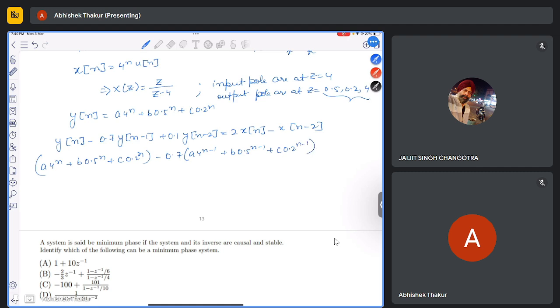Again plus 0.1 into y of n minus 2, that is a into 4 to the power of n minus 2 plus b 0.5 to the power of n minus 2 plus c 0.2 to the power of n minus 2. So this is our left hand side, and the right hand side is 2 into x of n, so 2 into 4 to the power of n, minus x of n minus 2, 4 to the power of n minus 2.